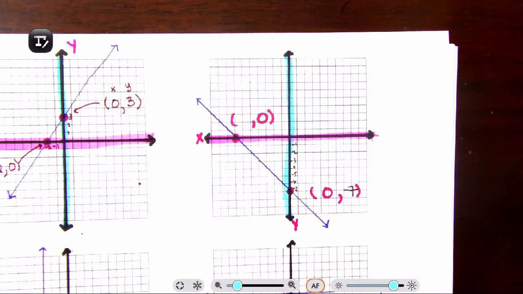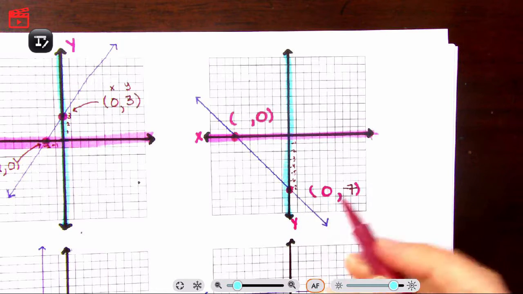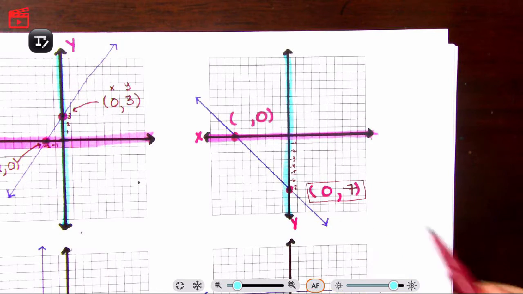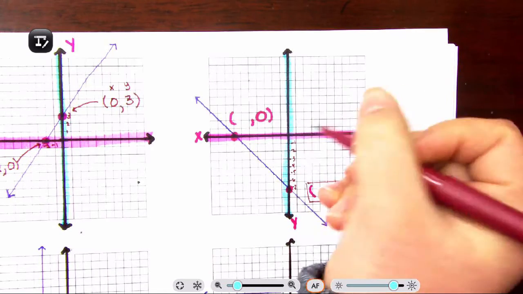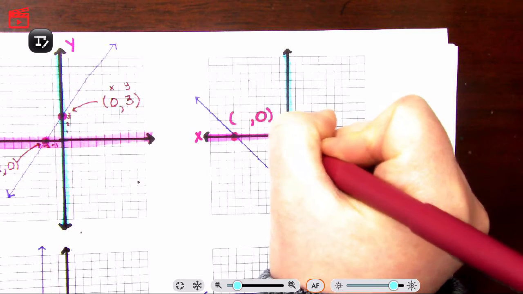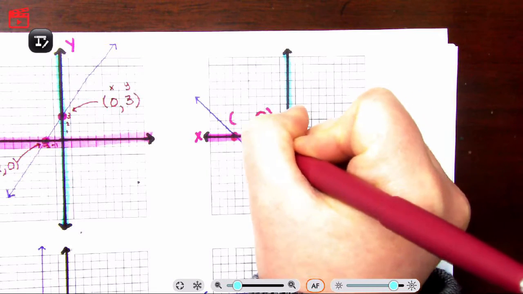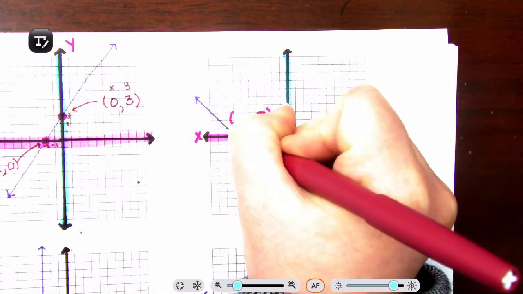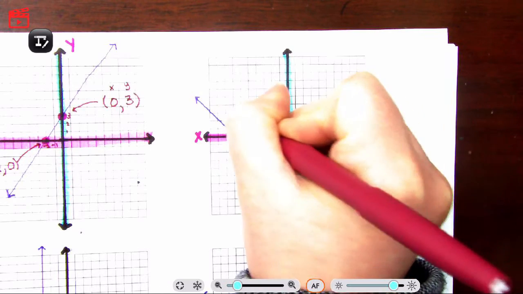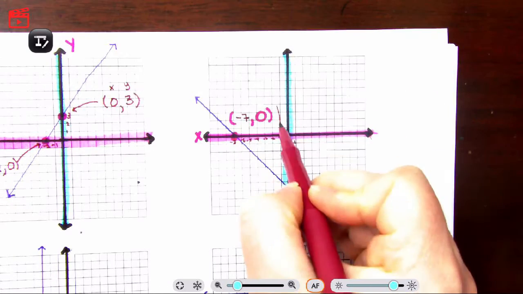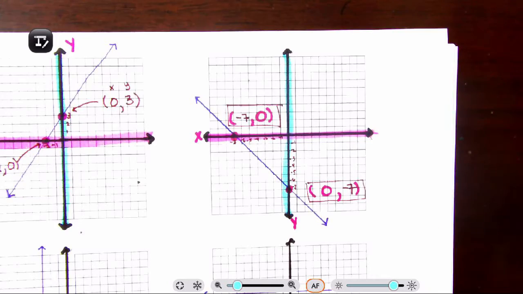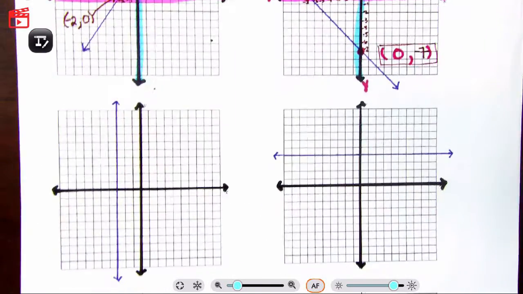So my y-intercept is at (0, -7). Now my x-intercept is at -1, -2, -3, -4, -5, -6, -7 as well. And sometimes that happens.